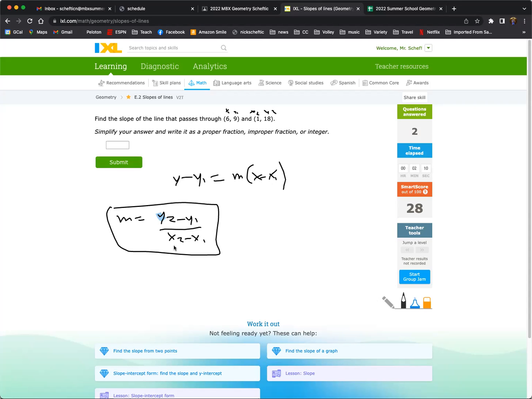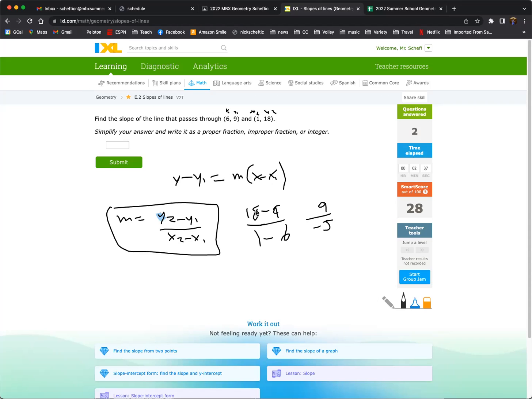When we enter these numbers, y2 is 18, so we have 18 minus 9. 9 is right there. And that's going to be over 1 minus 6. On the top, 18 minus 9 is 9. 1 minus 6 would be -5. So our slope in this case is -5/9.